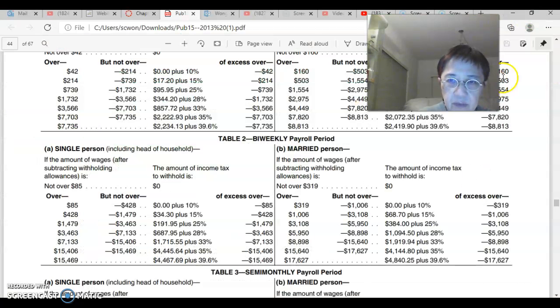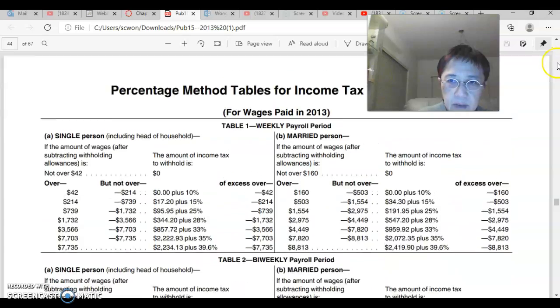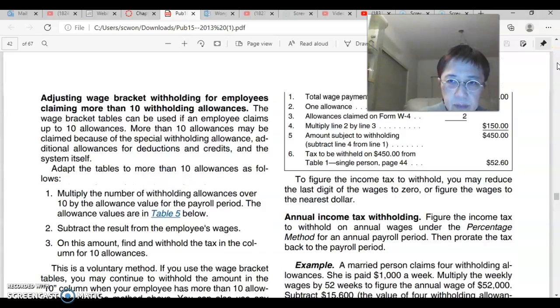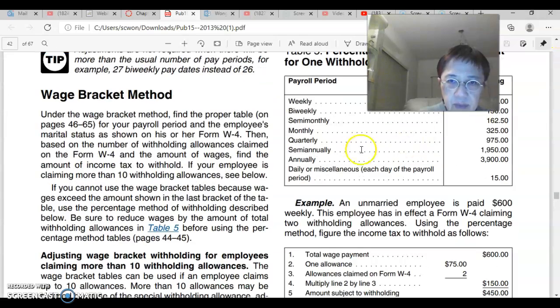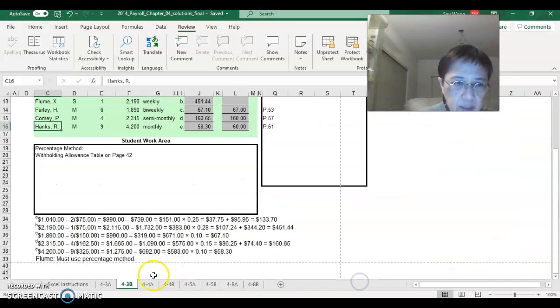Let's take a look at the monthly payment on the withholding amount. Monthly withholding is $325 per person. 325 times 9 on the monthly withholding, 325 times 9, and then take the 4,200 minus the 9 withholding amount, equal to $1,275.